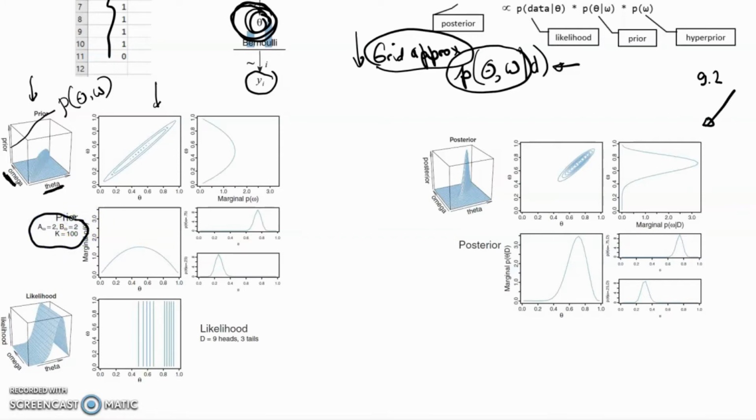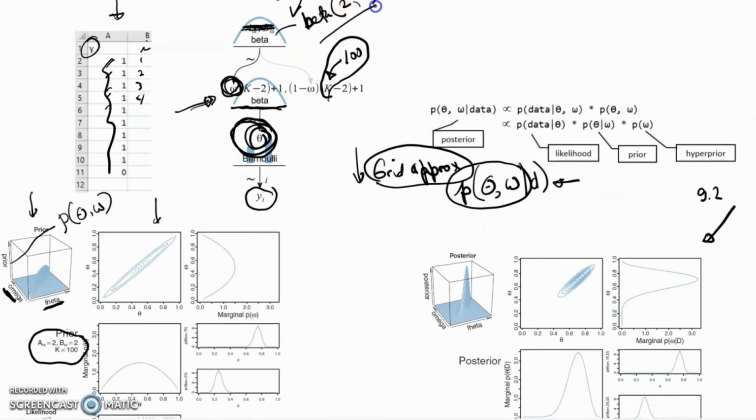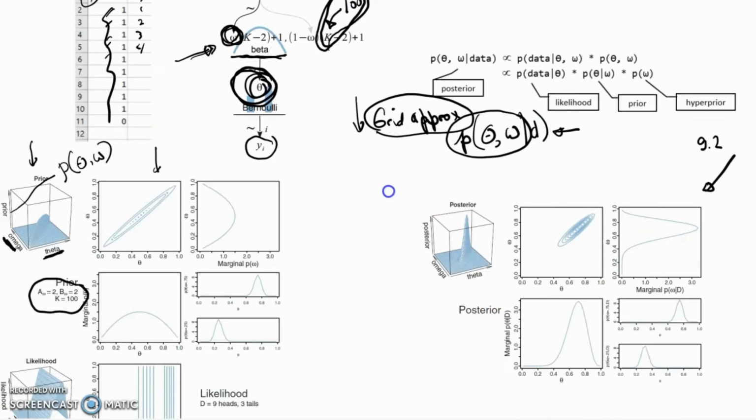We said back up here, we didn't know very much about the quality of the teacher. But by setting k equal to 100, what that implies is that the skill of the student is going to be highly dependent upon the quality of the teacher.